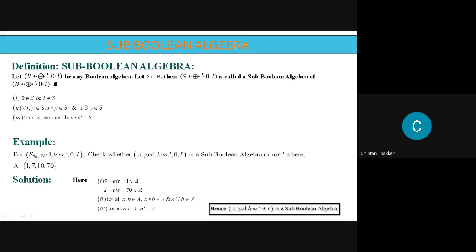then it is called sub-Boolean algebra. Okay. See, first, second property, it is from the lattice. We have any lattice. Then what is the sub-lattice? Any subset of the lattice is called sub-lattice if it is closed for the GLB and LUB of all elements.